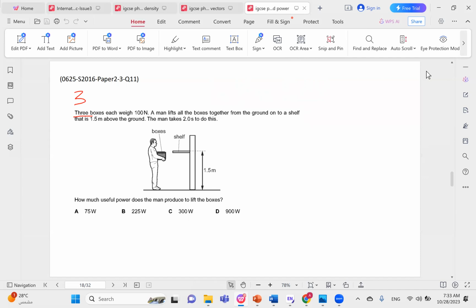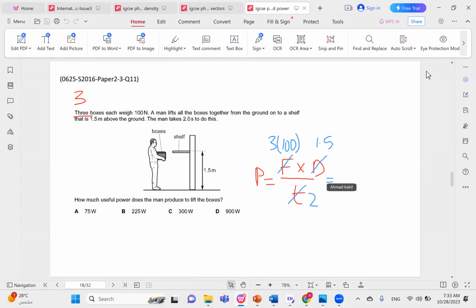Right. So again, we know that power is equal to force times distance over time. Let's substitute. So the force here is 3 times 100. So the 3 is very important. And the distance here is 1.5. And the time is 2.